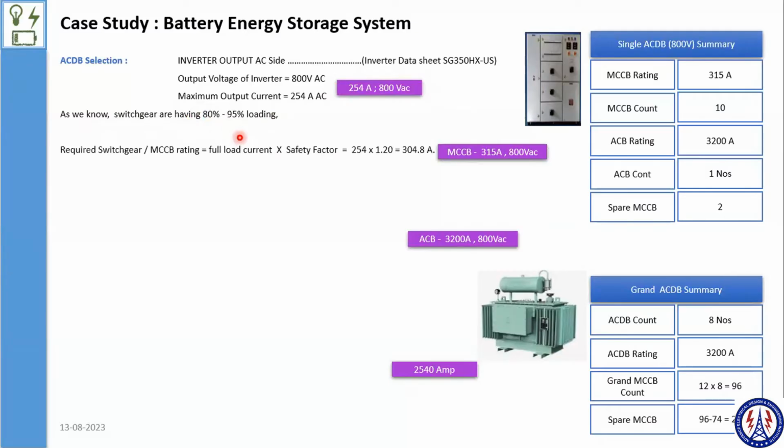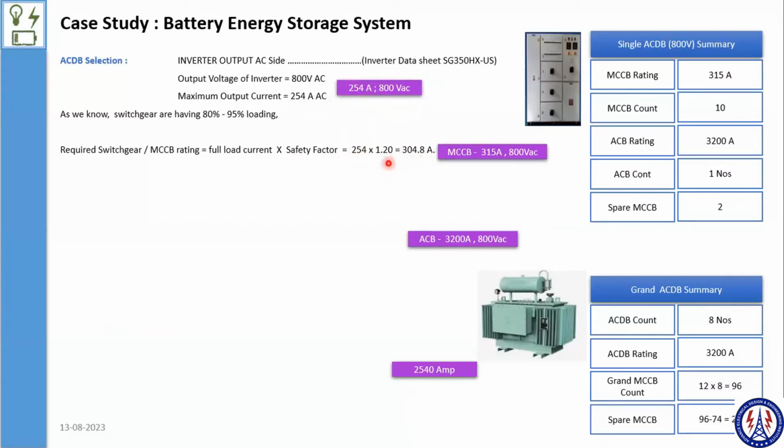We find the required switch gear, or MCCB rating, as the full load current multiplied by a safety factor. The full load current we get directly from the inverter output data sheet, which is 254. 254 into 1.20, considering 80% load, gives me 304.8 amps.